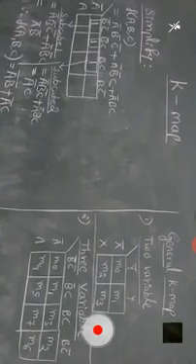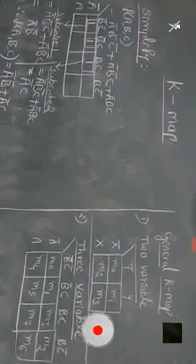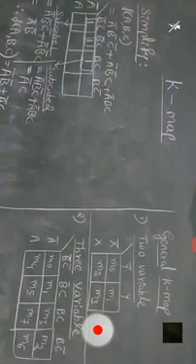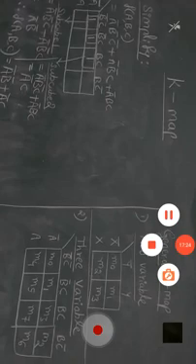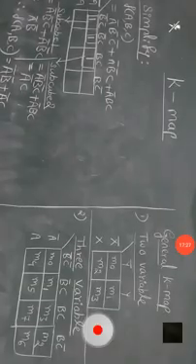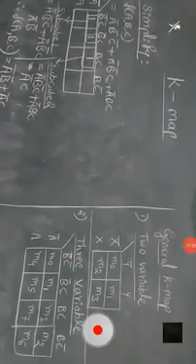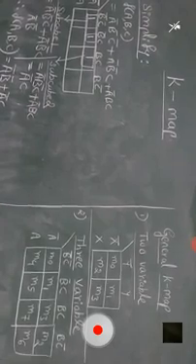Okay. So, in this way, you can solve the 3 variable K-map. Okay. So, again, with more problems, we will be continuing in the next class. Okay. Thank you.